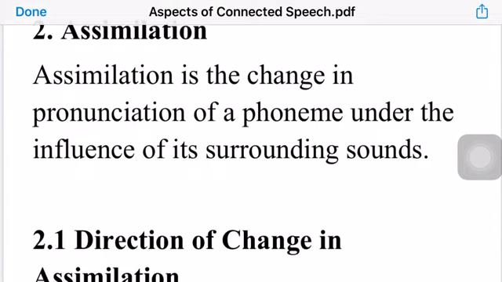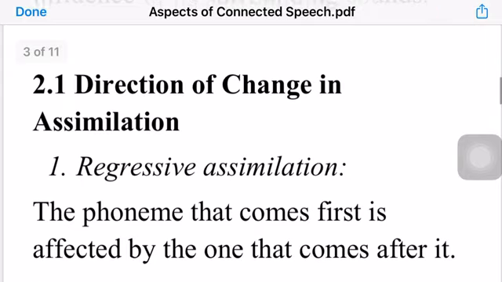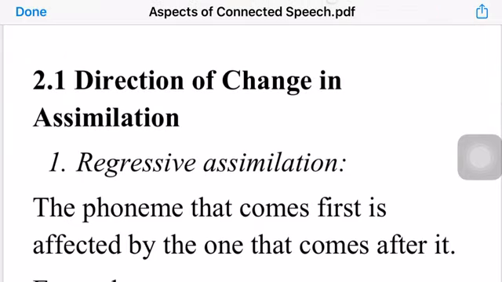So we will see how assimilation can be divided into several types based on certain aspects. Today we're going to talk about the first aspect of assimilation, which is the direction of change in assimilation. The direction of change means whether we change the first sound to be like the second one or to change the second one to be like the first one.